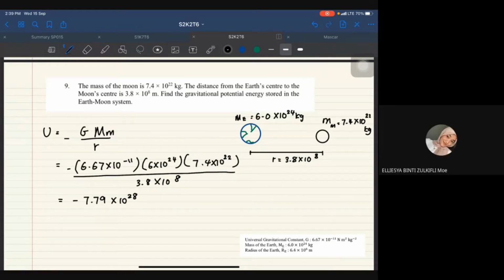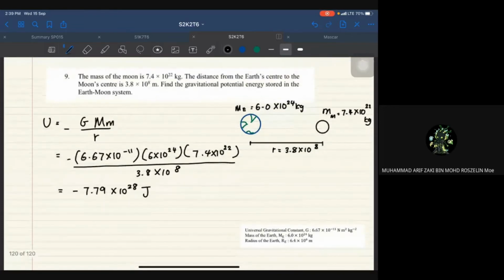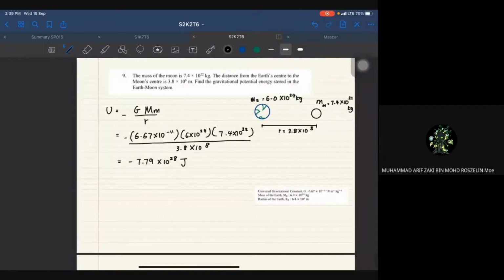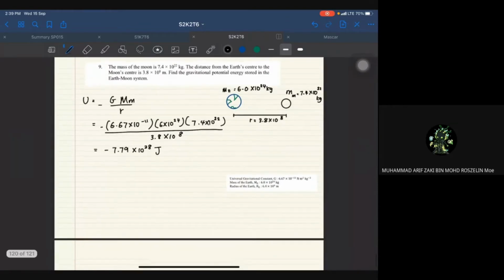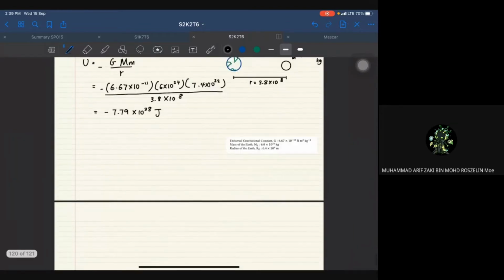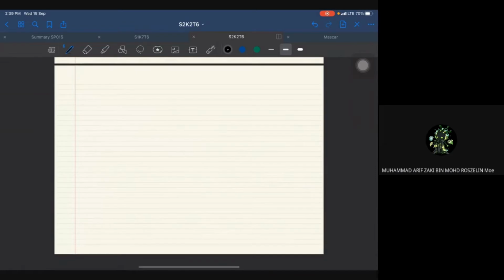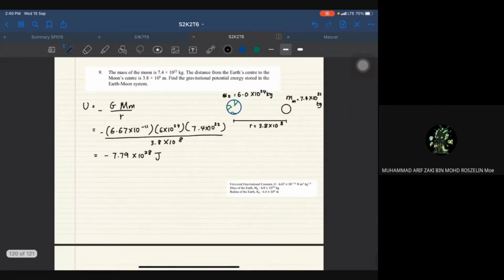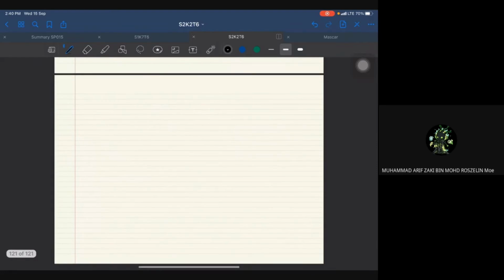What's the unit? Joule. Okay, betul, good. Direction? Ada ke tak direction? Tak ada direction sebab dia adalah scalar. Okay. Any question on this? Okay, senyap tu saya assume tak ada.